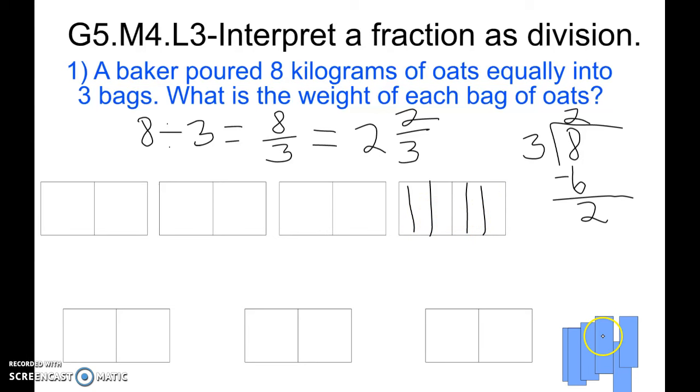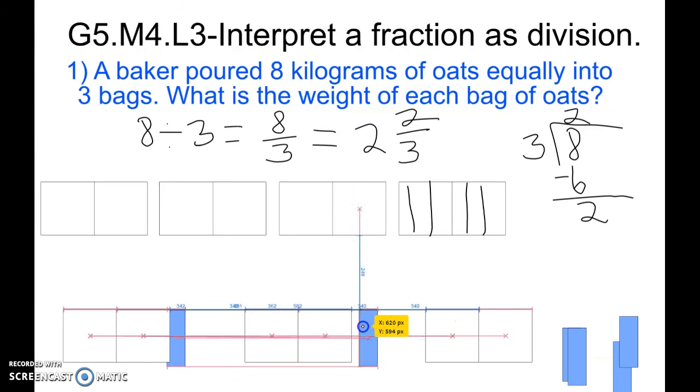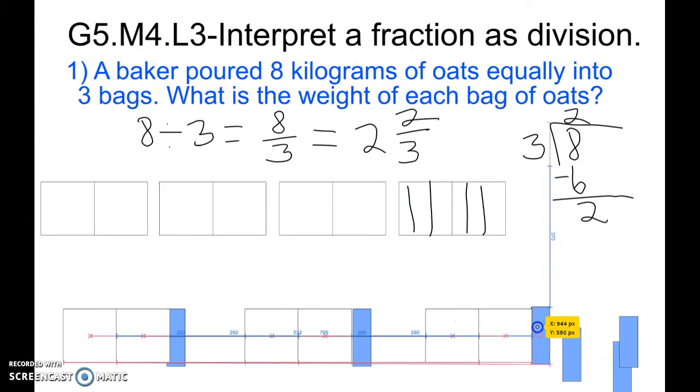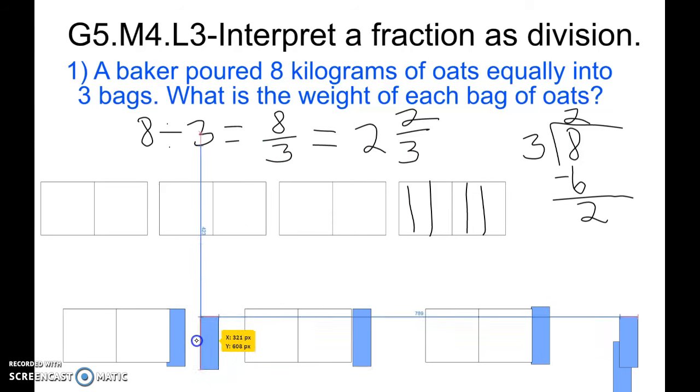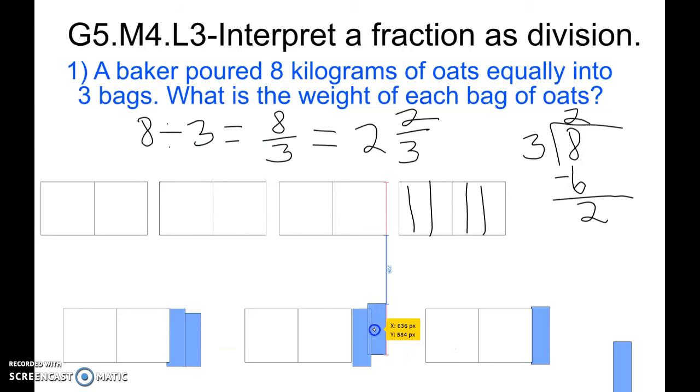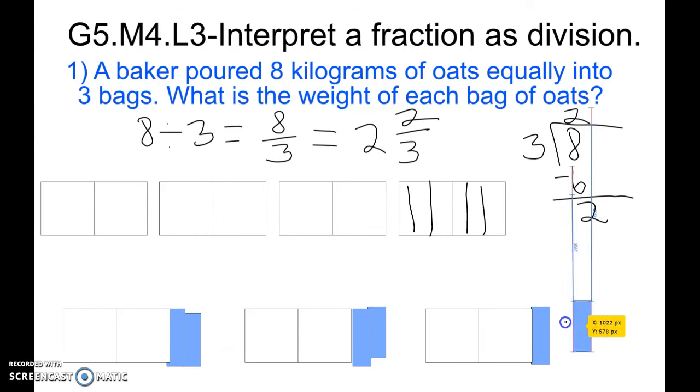And now I'm going to share those with each group. 1, 1, 1, 2, 2, 2. And we see that, remember, each of these pieces was a third because we cut them into thirds.